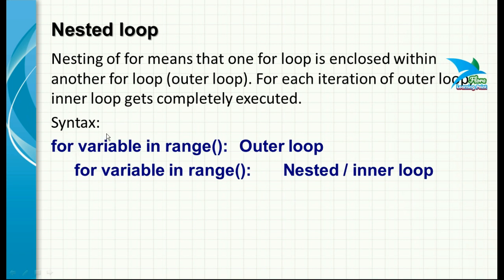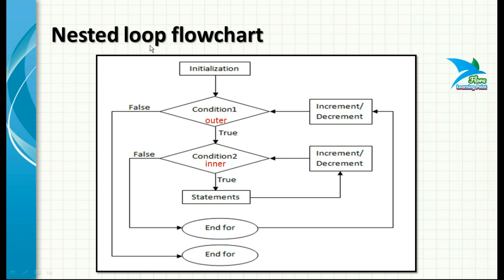This one is known as the outer loop. If you define a loop inside the body of this loop, then that loop will be known as the inner or nested loop.